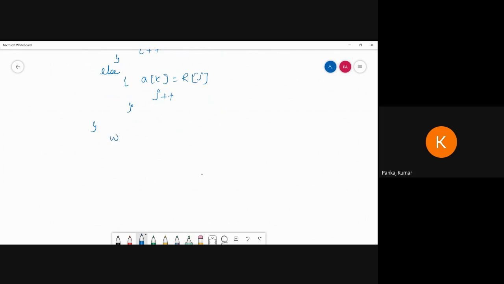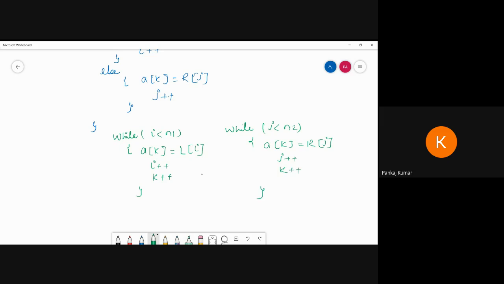So I am writing while i less than n1, then we have to perform: I am copying A of k equal to L of i, then i plus plus, and k plus plus will automatically increase. Similarly, the next line: while j is less than n2, A of k is equal to R of j, and j plus plus and k plus plus, and close this.